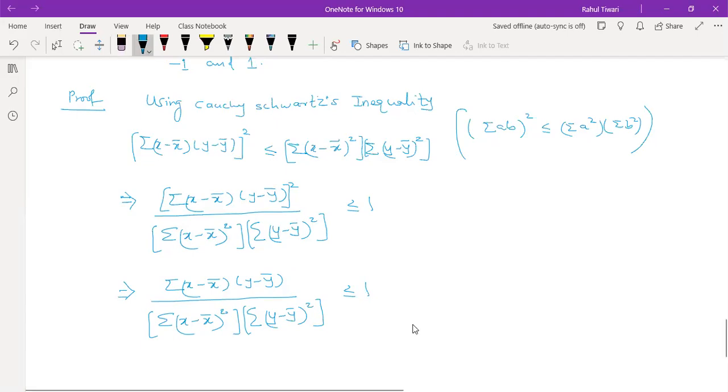I'm just dividing by n and keeping the whole square, so actually I'm dividing by n square. So if I'm dividing in the numerator, then I have to divide in the denominator also, right?